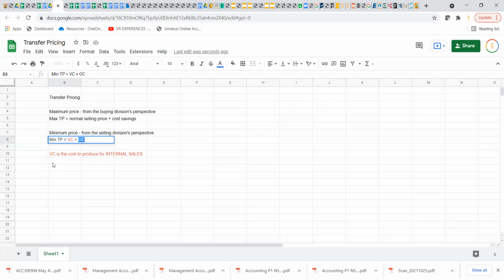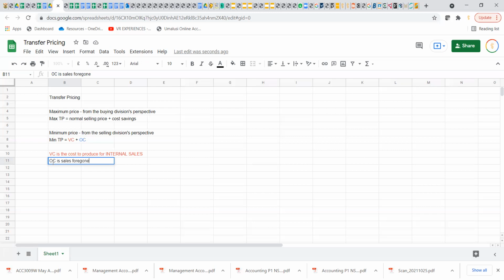Opportunity cost is sales foregone. What would happen? You have a total capacity. Let's say you have spare capacity of 500, but you actually need spare capacity of 700.